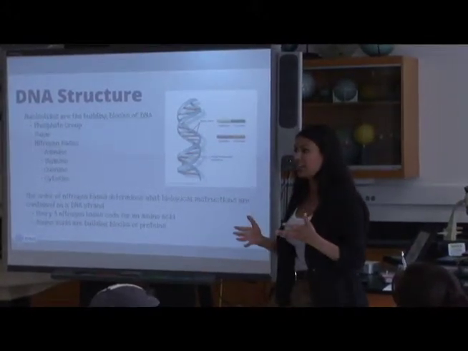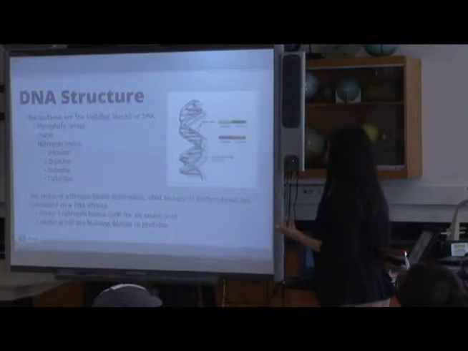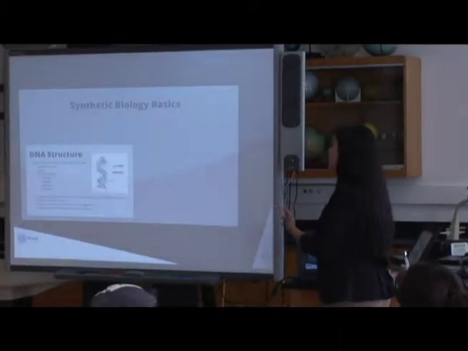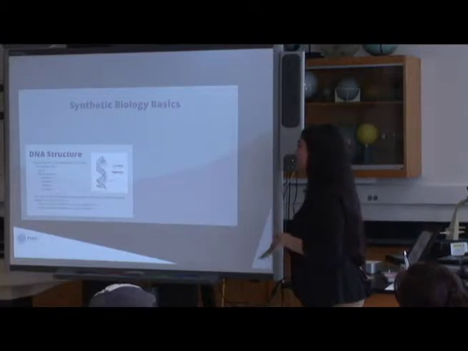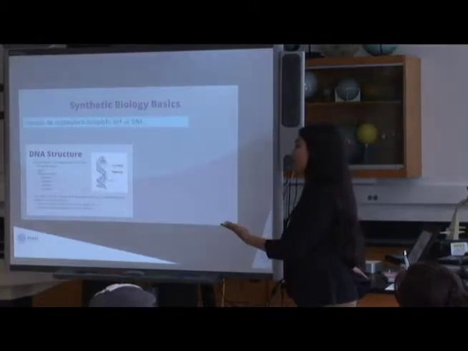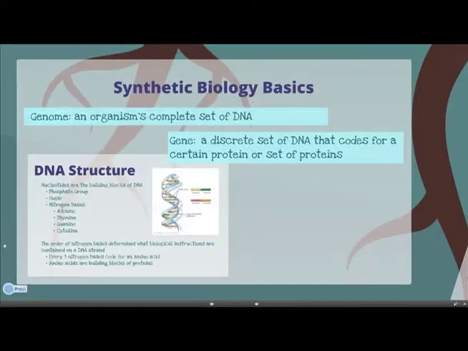So let's look at that in a little bit more detail. So before we go into that, your entire set of DNA sequences of all organisms, that's called your genome. And then one hereditary trait is going to be a gene. So a gene is a discrete set of DNA that codes for a certain protein or a group of proteins that carry out one function.